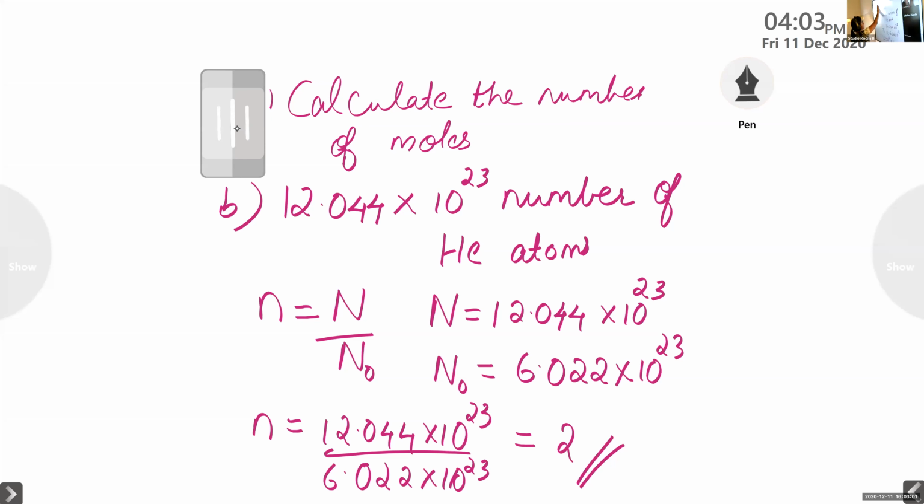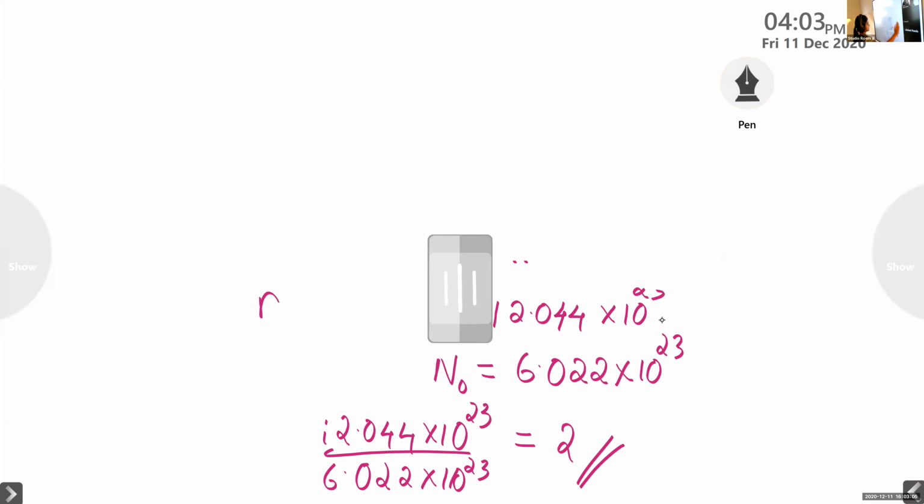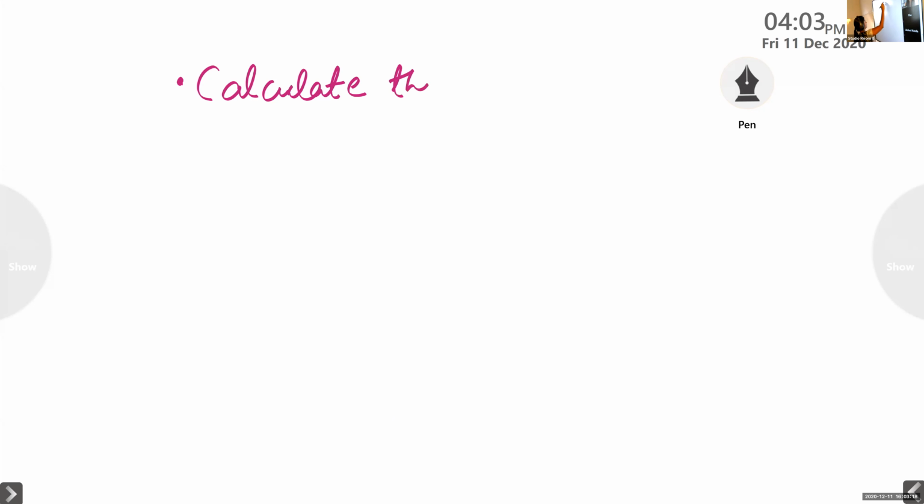Yes, ma'am. Okay. Then next section we are going to calculate the mass. Now we have done the number of moles, right? Then we are going to calculate the mass of the following. Calculate the mass.